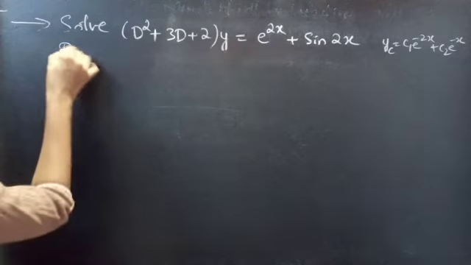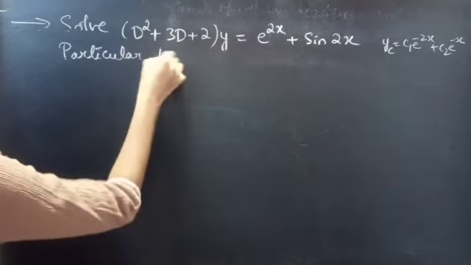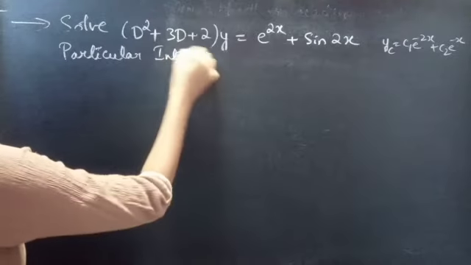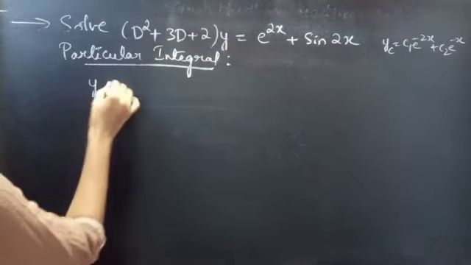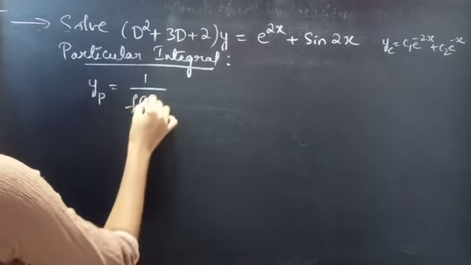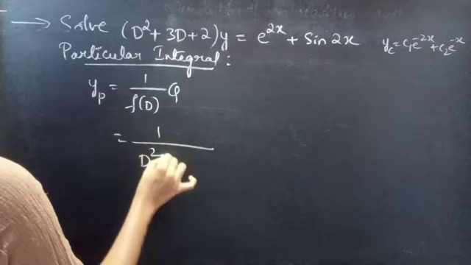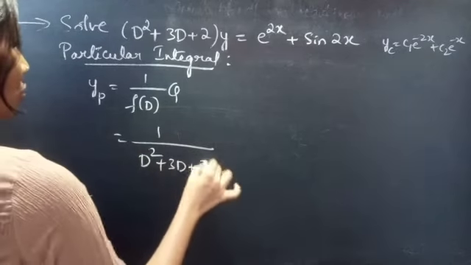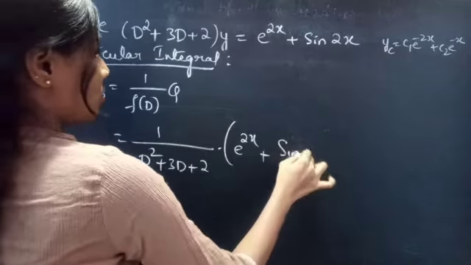Particular integral. We know that the particular integral is given by yp equals 1 by f of D into Q. Here, Q is e power 2x plus sine 2x.